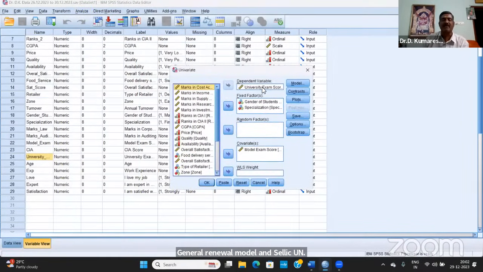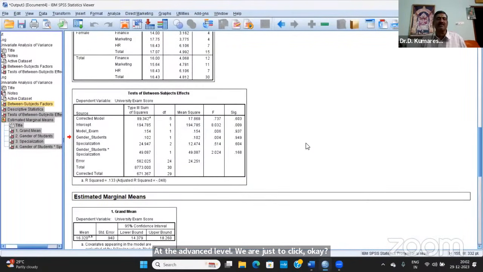As usual, dependent variable is selected. Only one dependent variable should be there. There may be any number of independent variables and any number of covariate variables. But in this case, we have only one covariate variable, but 2 independent variables. At the advanced level, we have just clicked OK and got this result.